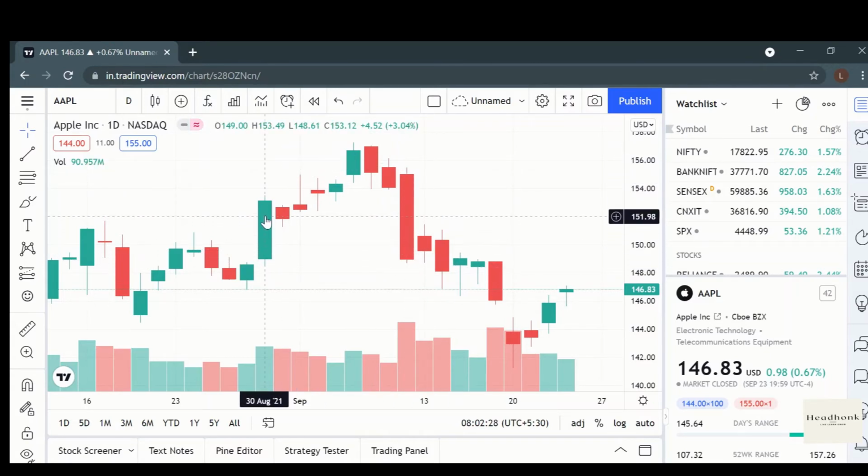Similarly, if we pick one green candlestick, this is 30th August. This is the opening price and this is the closing price, and that is why it is a green candlestick. These tails below and above, they are the highest and the lowest point for that particular day. So also an easy to understand chart, not a big deal.